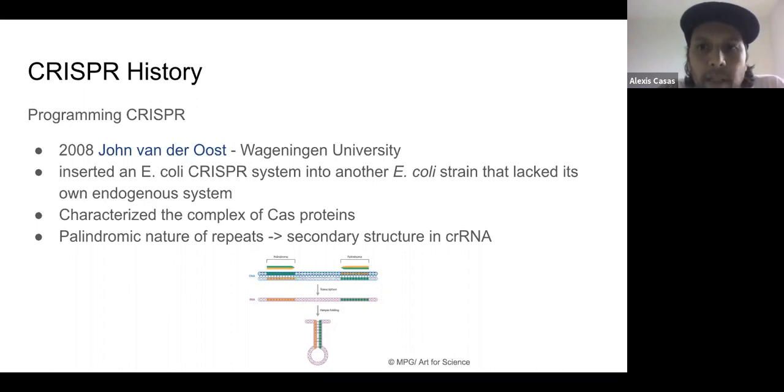And he proved that the CRISPR RNA sequences were responsible for CRISPR-based resistance. So exactly what Horvath figured out, he managed to prove it. Then what he did is that he programmed CRISPR to target 4 essential genes in lambda phage. And as predicted, the strains carrying the new CRISPR sequences showed resistance to the phage lambda. So he was actually the first scientist to directly program CRISPR-based immunity.